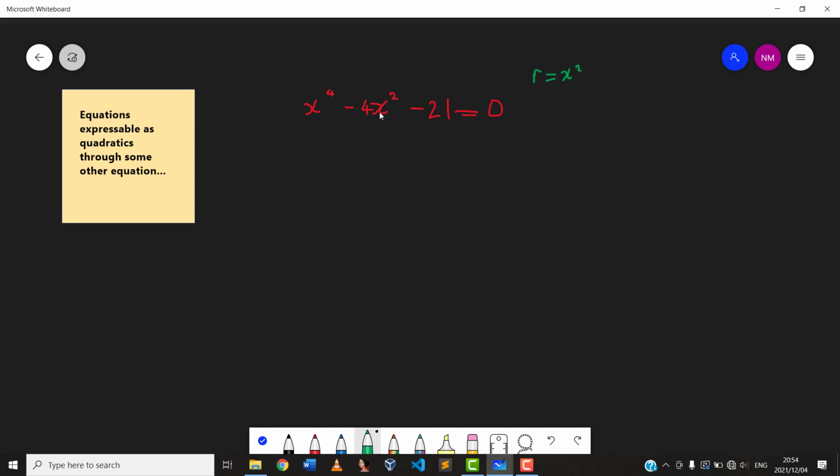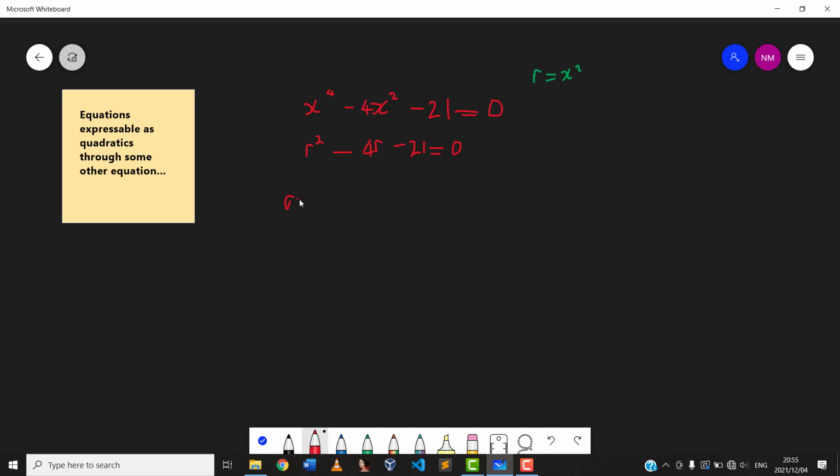And now we can sub in that r wherever we see x squared, right? So we can now say x to the 4 is basically x squared squared, so we can say r squared minus 4r minus 21 equals 0. So that's how we would convert something intimidating like this into something more solvable. So now we can just use the quadratic equation at this point.